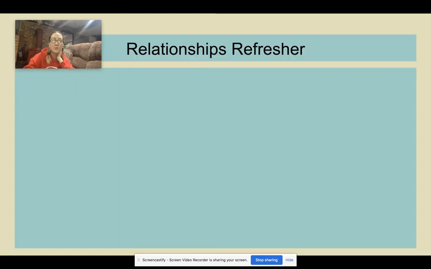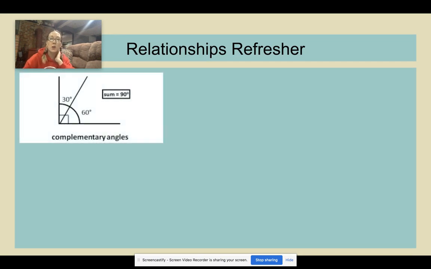Looking at angle relationships, when we talk about relationships, it's when you're talking about two or more angles, when you put them together, what happens? In a complementary relationship, you combine two angles whose sum is 90 degrees.